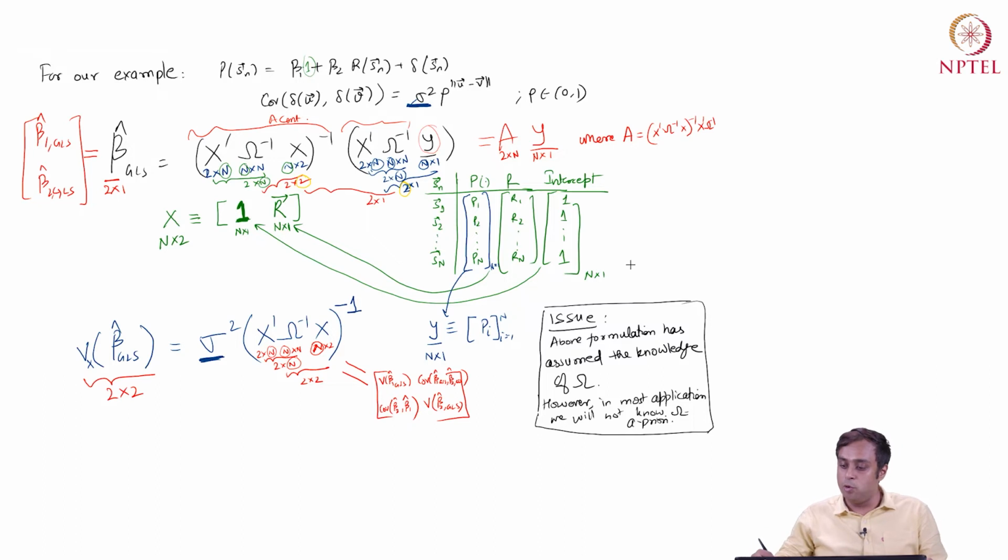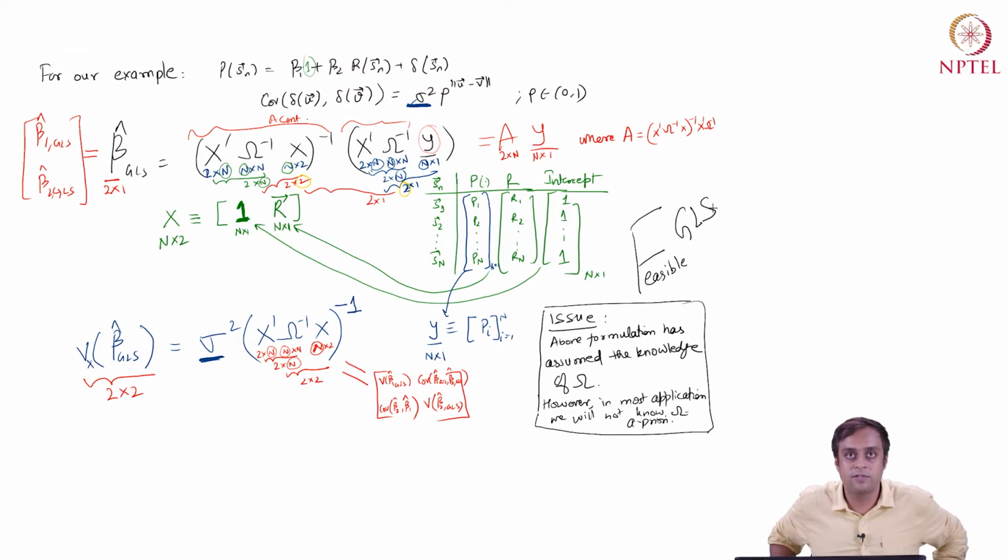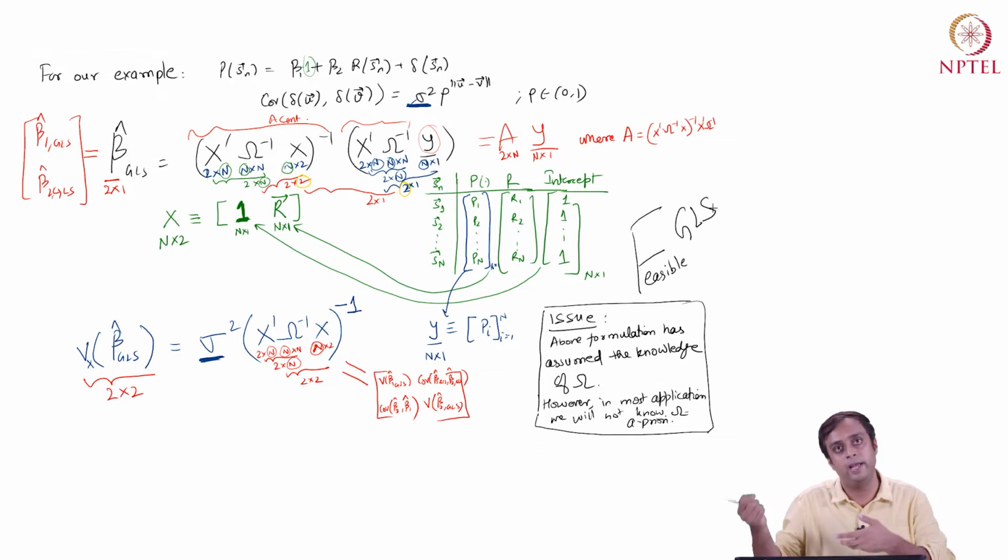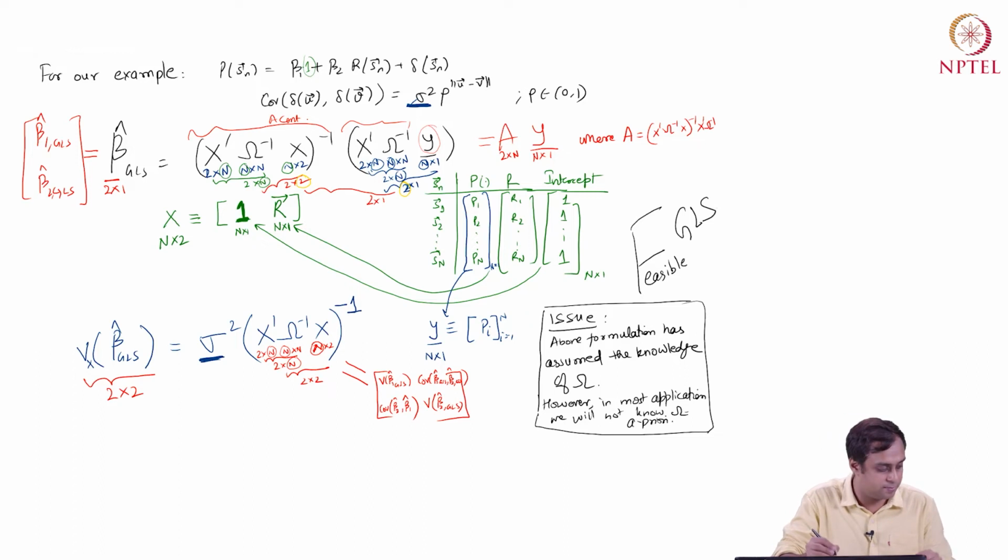What we then do is called the feasible generalized least squares strategy. Going forward in the next slide, we are going to look at an example of how you implement generalized least squares estimation when you are not aware of the exact spatial dependence structure through omega, the variance covariance matrix.